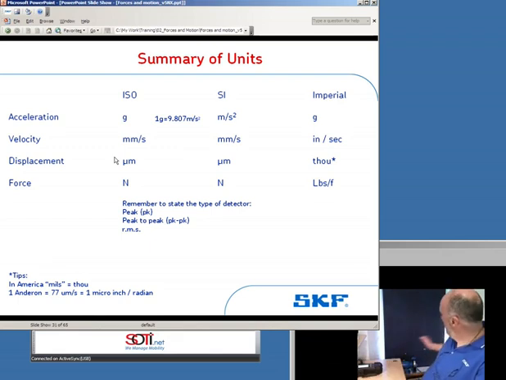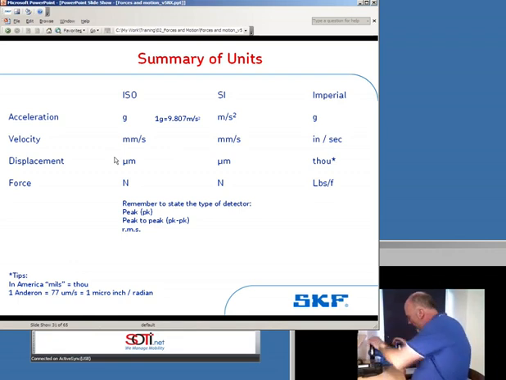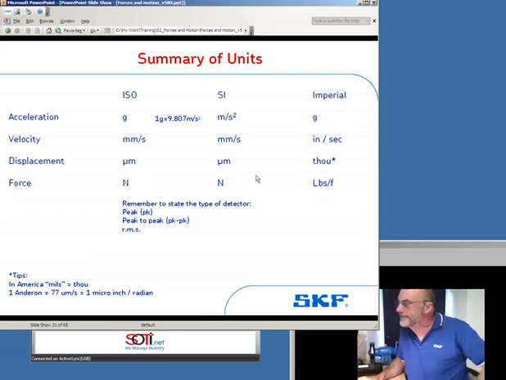Displacement, we're not going to be dealing with centimeters or meters. We're generally dealing with microns. So the tingling sensation I've got on my fingertip here, we're dealing with microns. And I said that everything is related to Newton's second law of motion. So you will occasionally measure force, and force is measured in newtons.